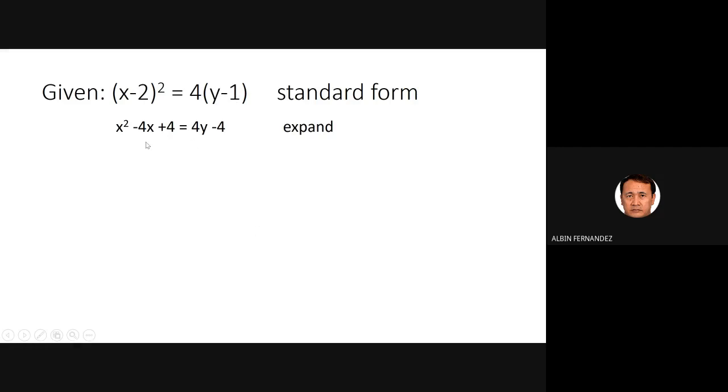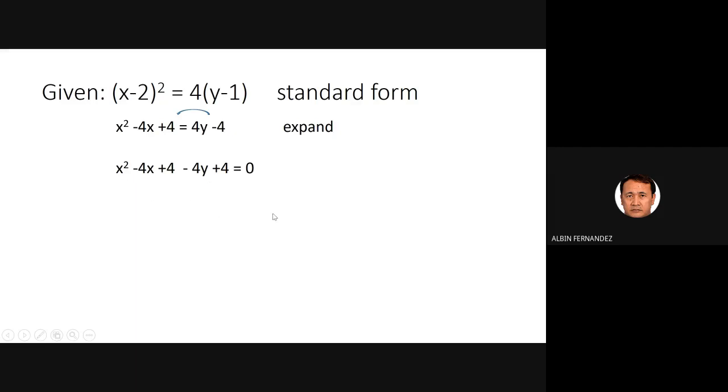After doing this, you make one side of the equation equal to 0, simply by transferring the terms on your right to the left. That would yield x squared minus 4x plus 4, minus 4y plus 4. Then you simplify this.